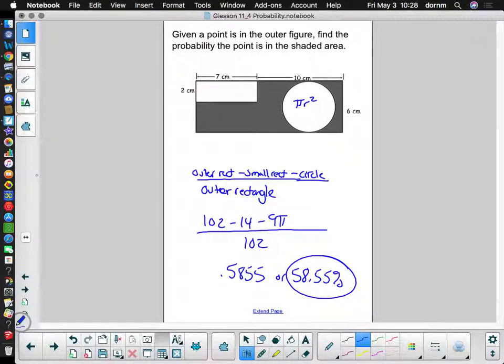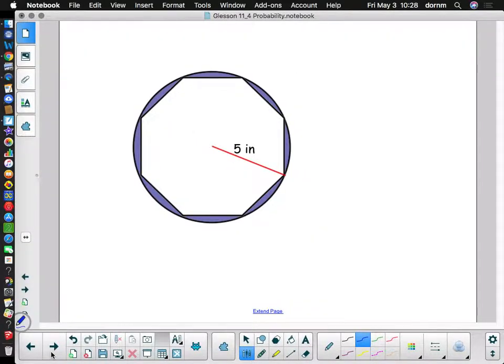All right, let's try this one. Same question. Find the probability that if I pick a point at random, that point is going to be in the shaded area. Same strategy: we start with a strategy. What is my total area? My total area is what kind of shape? A circle.